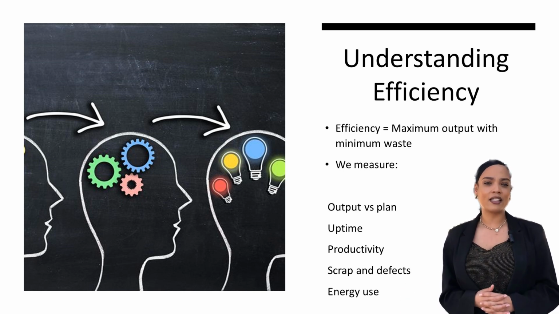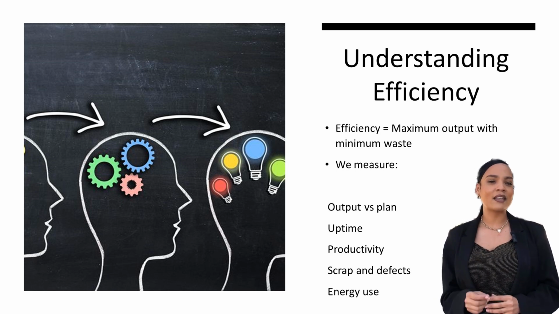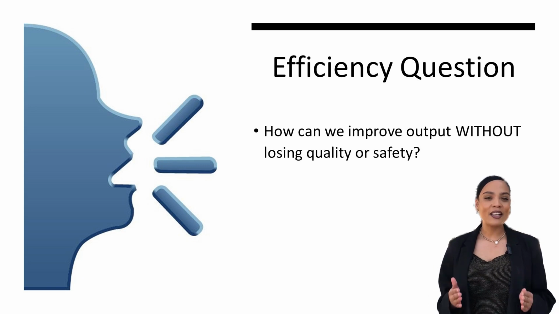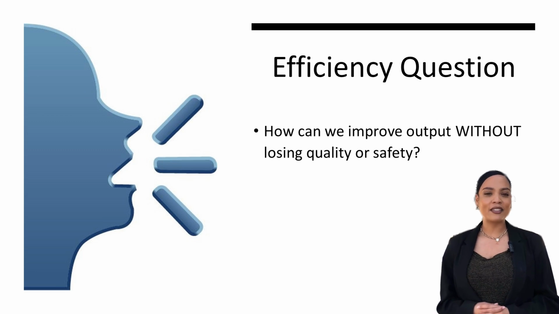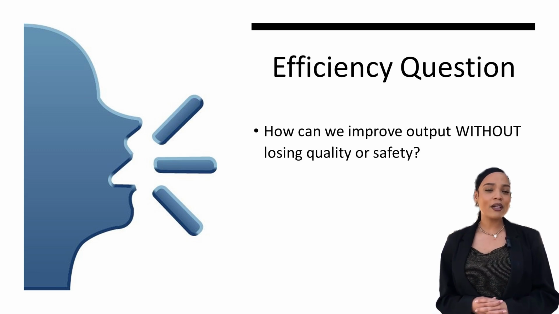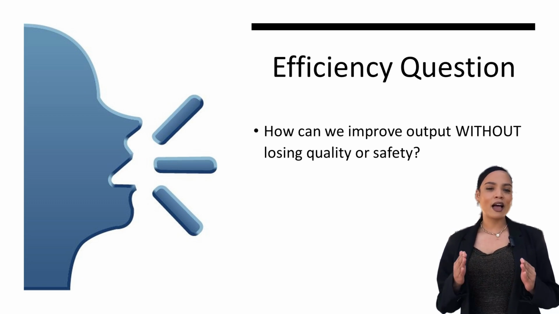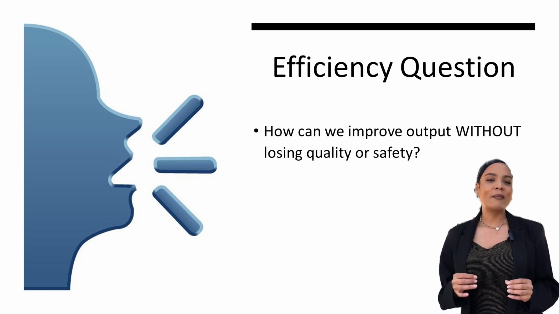I constantly ask, how do we do this better and faster while keeping it safe and in spec? How can we improve output without losing quality or safety? Typical levers: remove minor stops, fix changeover discipline, confirm first off before ramp up, set standard speeds based on capability, eliminate rework loops, tighten housekeeping around sensors and photo eyes, and communicate deviations immediately.